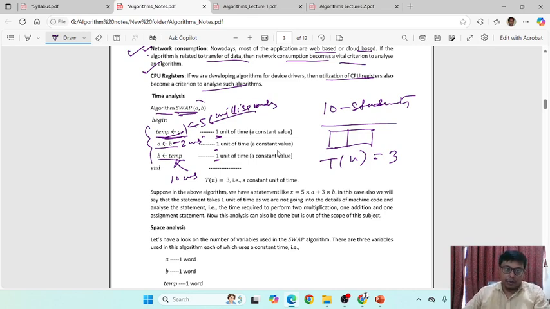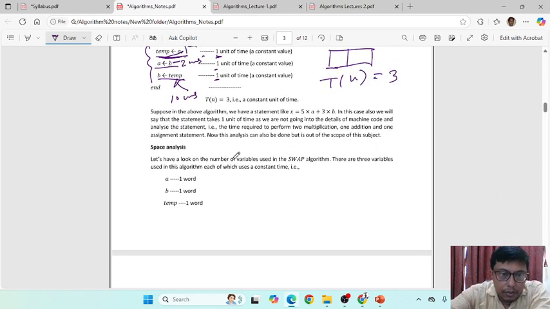Now suppose, this is one vital thing. Suppose in this above algorithm, or in any other algorithm, you have a statement like x equal to 5 into a plus 3 into b.